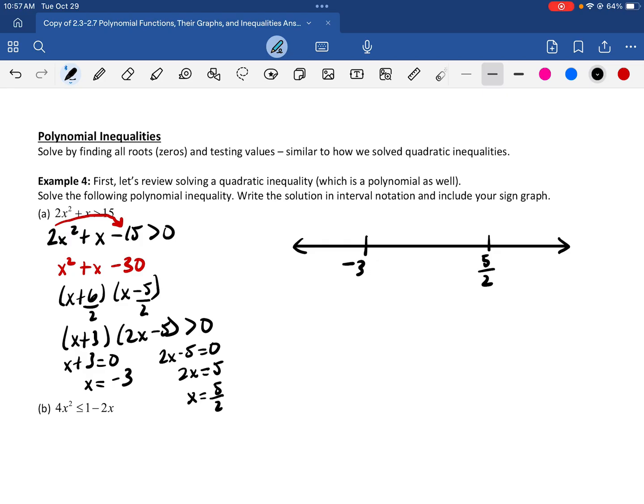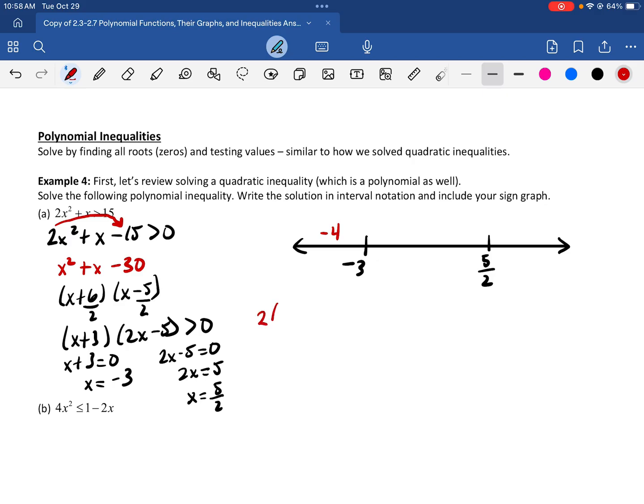Then we've got to choose a number in each of the regions to test to see where it is true and where it is false, because that's going to help us decide what this inequality looks like. In the first region on the far left, I need to pick a number that is less than -3. I think I'm going to try -4. I would plug it into the inequality, that beginning part, and see if it is true or false.